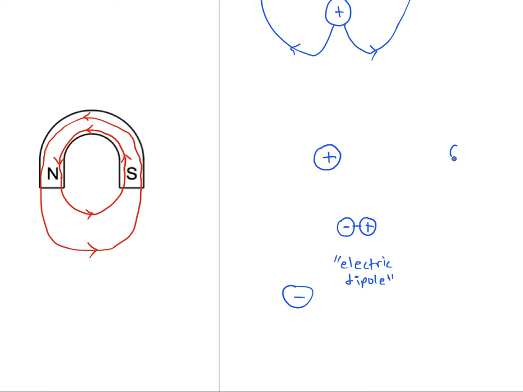Based on your experience with electrostatics, we know that negatives are attracted to positives, and positives are attracted to negatives. So we expect the dipole to rotate in such a way that the negative points toward the positive. What the dipole would do is it would want to align itself with the electric field.